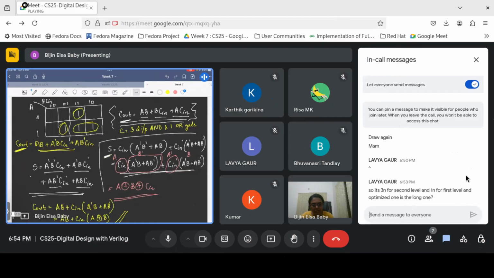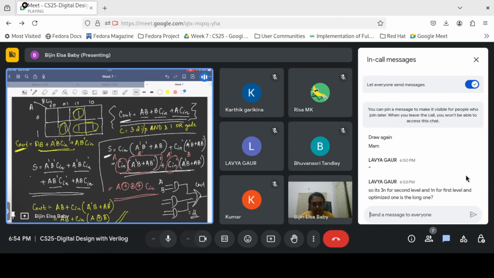Similarly, carry is also two-level, the same: AB, BC, AC. This is also 2. So for unoptimized, it is 2.